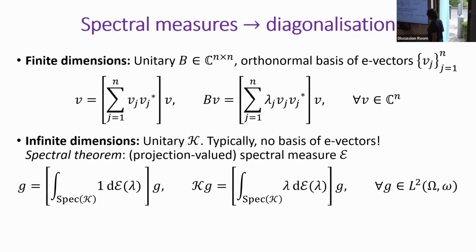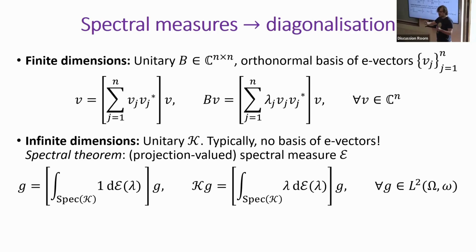Now, when we go to infinite dimensions, for unitary Koopman operators, often, particularly for chaotic systems, there's no basis of eigenvectors. In fact, there might not be any eigenvectors at all. So what we're going to do is replace this sum of projections by an integral over something called a projection-valued spectral measure. It sounds super scary, but all it is is a probability measure which, instead of spitting out a number, spits out a projection.